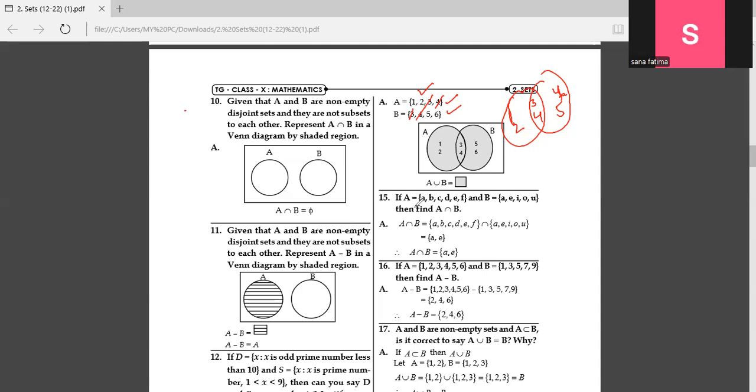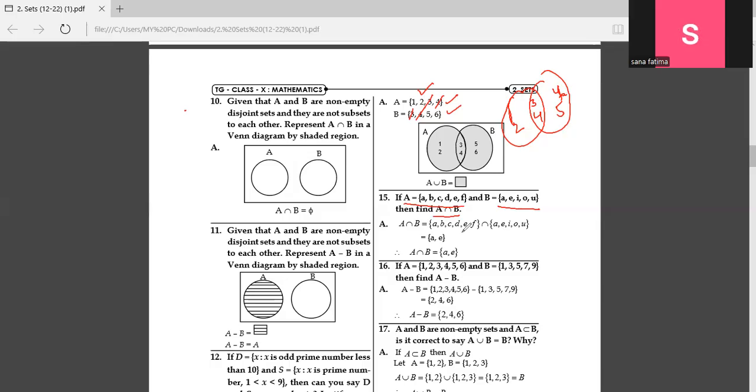Now, question number 15: A has this many elements and B has this many elements. You have to find A intersection B. What were the properties of intersection? You have to see whether any element is there in common or not.